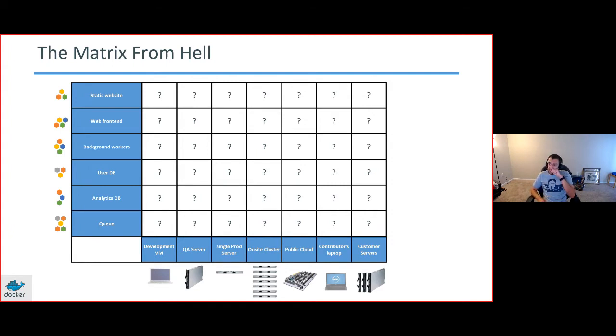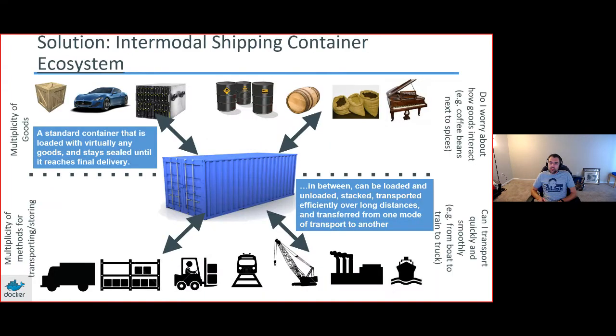And if you think about the solution for this, the term container is borrowed from the shipping container ecosystem, where before the shipping container was introduced, I believe in the 1960s, shipping multiple different items on a ship was also creating a sort of matrix from hell, because you needed different equipment to deal with crates, then to deal with cars, then to deal with oil or other raw resources.